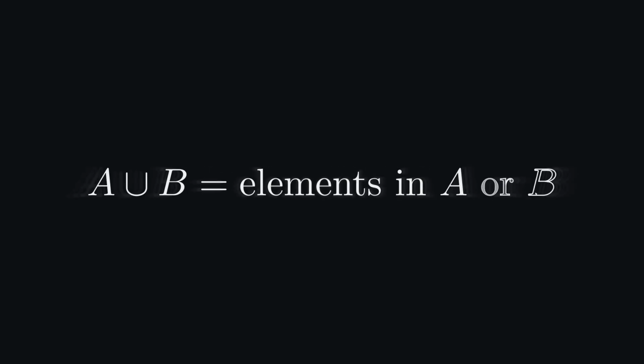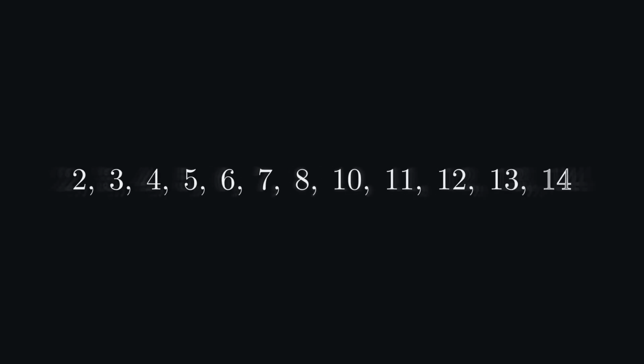Now, let's understand the meaning of union. The union A ∪ B includes elements that are in either A or B. Let's find the union of sets A and B. The union A ∪ B includes the numbers 2, 3, 4, 5, 6, 7, 8, 10, 11, 12, 13, and 14.